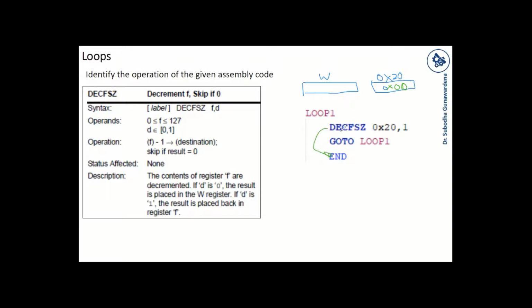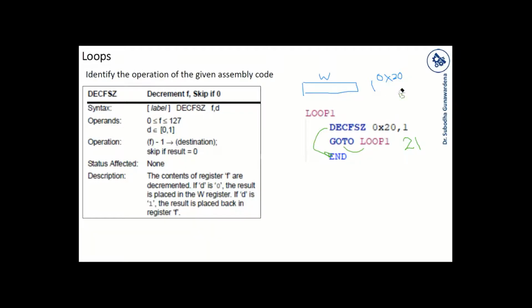So my loop finishes. If my value here was 0x15 in the beginning, that means I have to go through this loop 21 times, right?